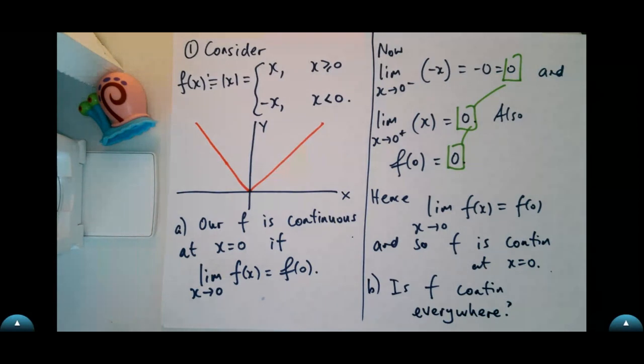Let me know what you're thinking. Okay, so yes, it's continuous, and how would you justify it? So Ning Xiao, you're absolutely right. Okay, keep the chat coming, people. I'm loving it.